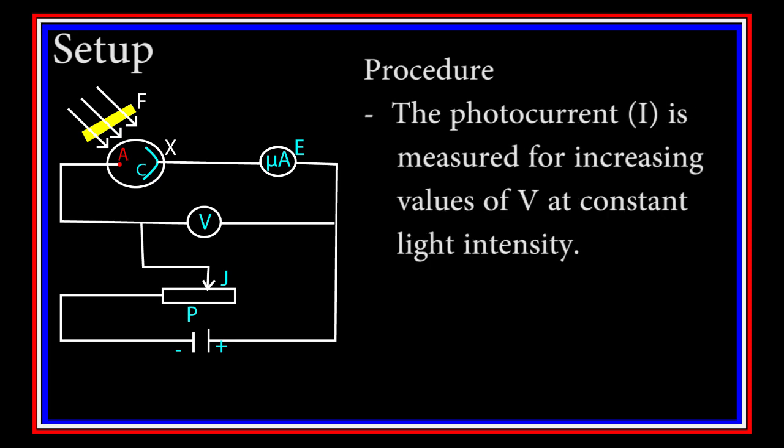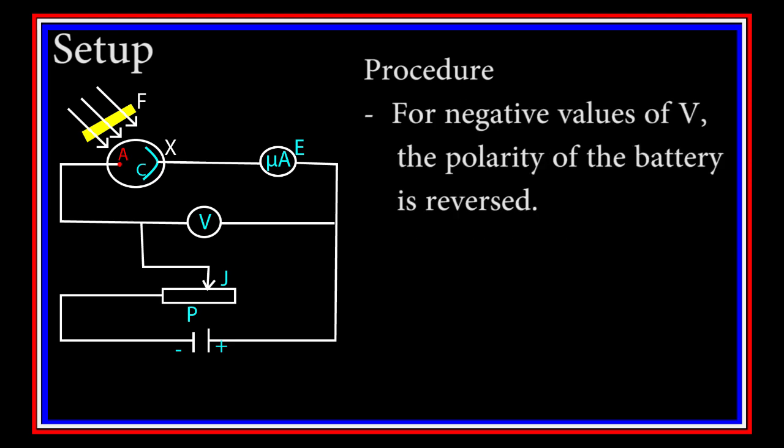The photocurrent I is measured for increasing values of V at constant light intensity. For negative values of V, the polarity of the battery is reversed.